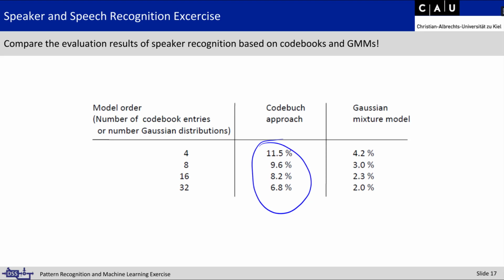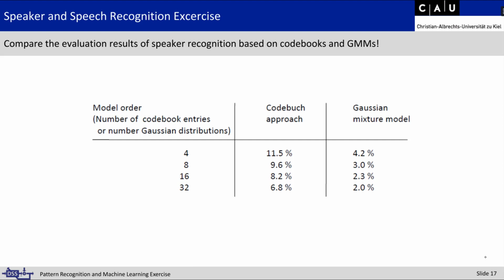So we see that the Gaussian mixture model is pretty much always better. This is due to the more complex model of the Gaussian mixture models. So we have a more complex way of distinguishing between different feature inputs.